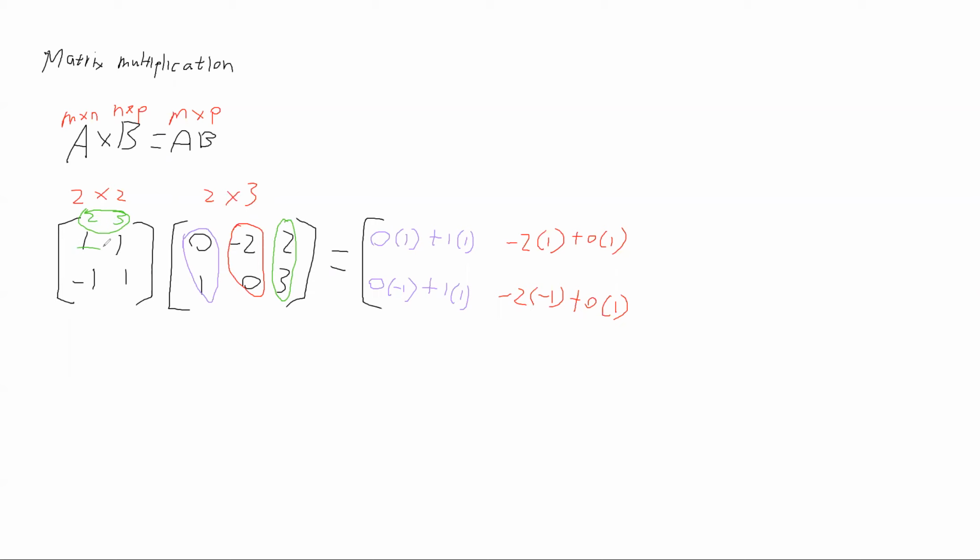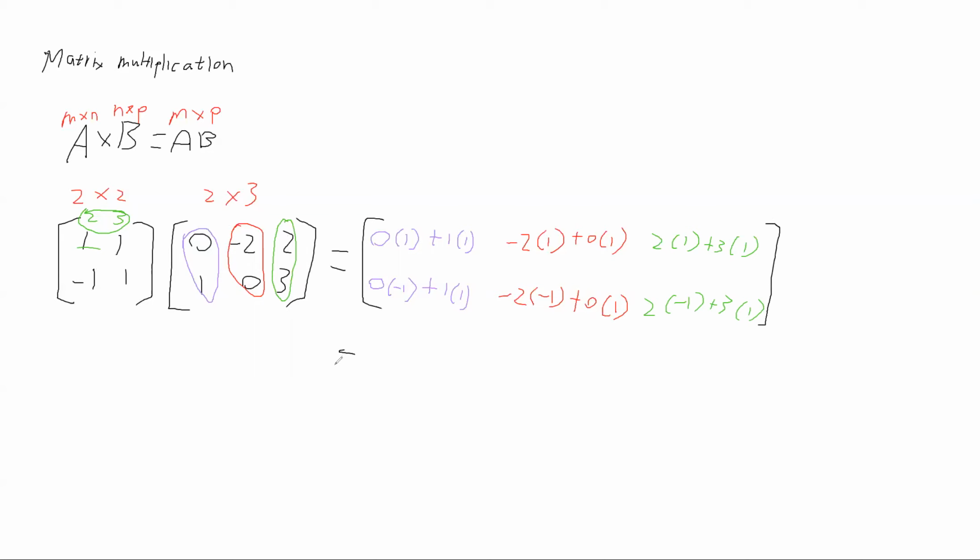Then do the same thing, multiply by the first row: 2 times 1 plus 3 times 1. That gives you row 1, column 3, which is right here in green. Now row 2, column 3, you do the same thing: 2 times negative 1 plus 3 times 1. There we go, and that pretty much concludes what a matrix multiplication is.